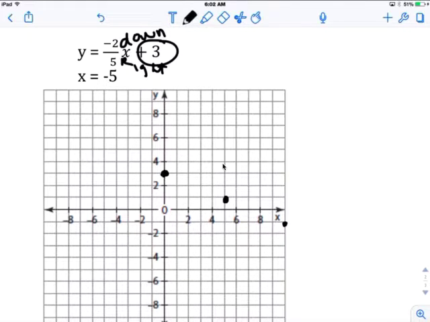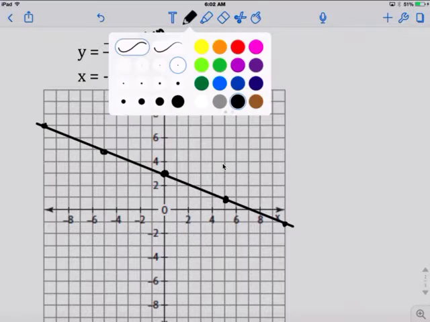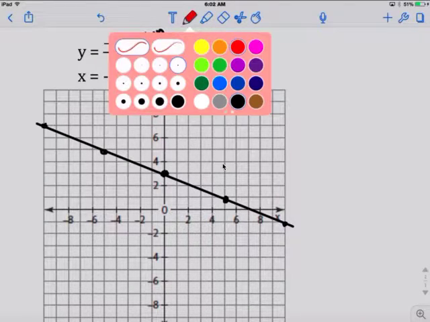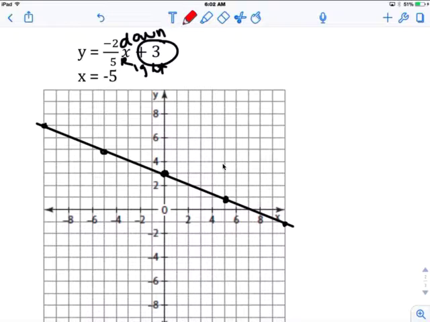Up and over. And then the other one is x equals -5. Here's the x. -5 is right there. That's that graph.